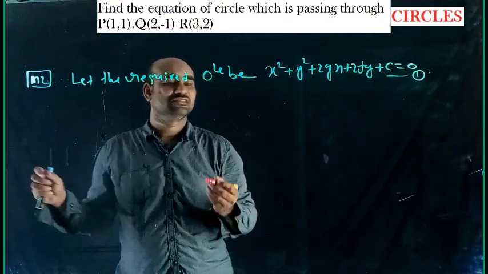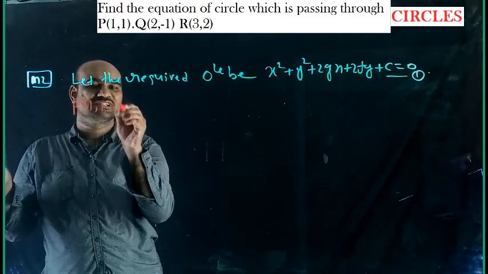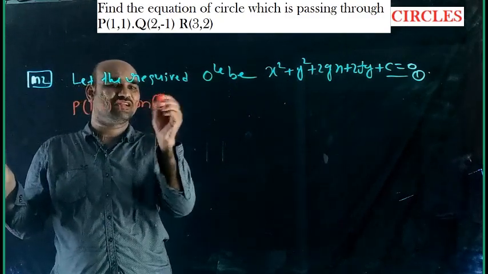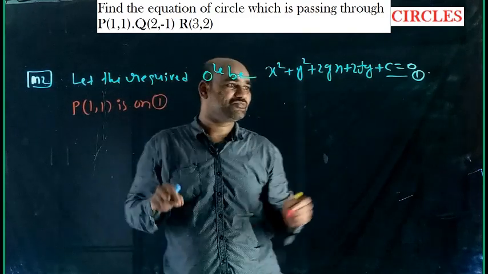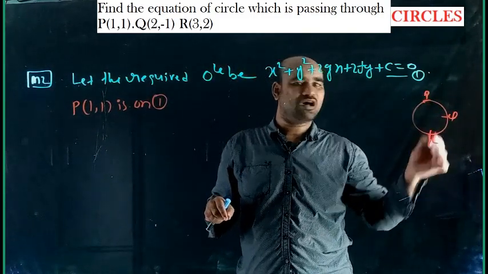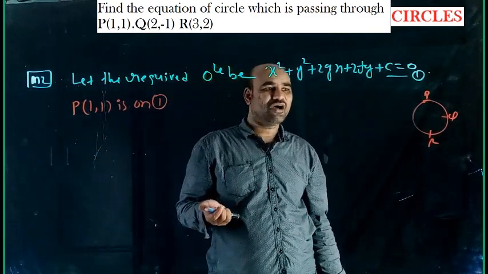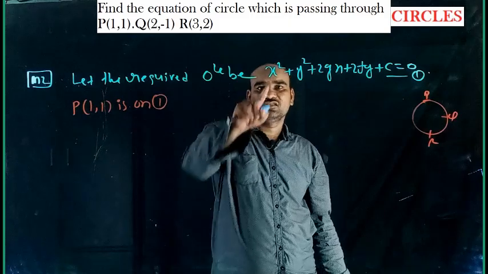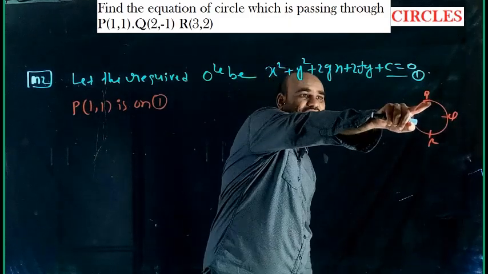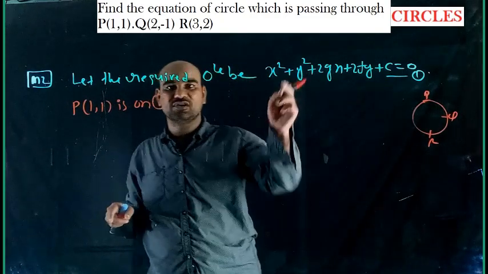So P, that is 1 comma 1, is on it. P, Q, R are the points on the circle, already given, no? So this is the required circle. P is on the circle, means P point will satisfy this algebraic rule.